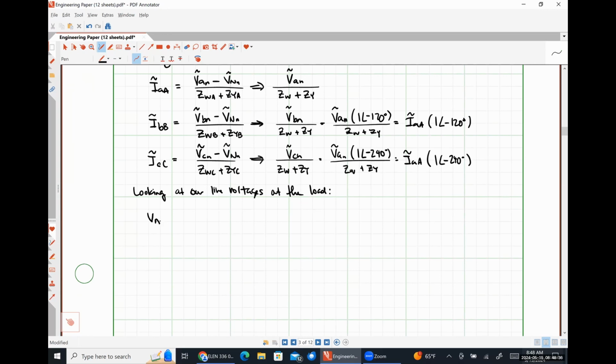As I mentioned a moment ago, VAB is just going to be VAN minus VBN, which could be expressed as VAN times 1 angle 0 degrees minus 1 angle negative 120 degrees.